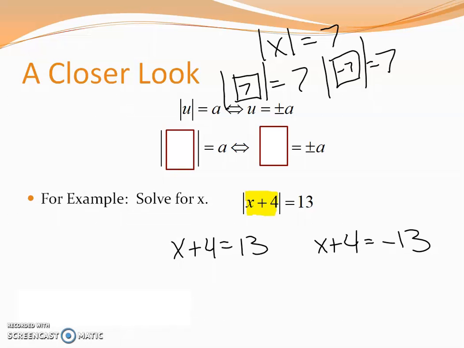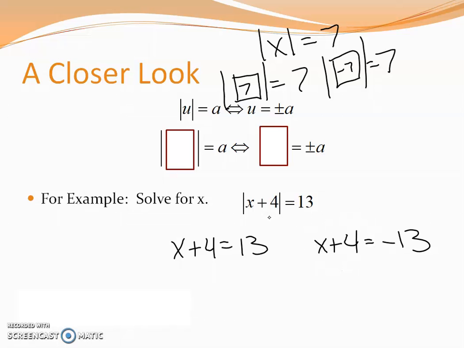Okay, so, important thing we need to cover here. When we are solving equations with an absolute value, remember, our main goal is to get x by itself. Well, the absolute value bars are in the way of that right now. So how do you get rid of absolute value bars? I get rid of them by writing two equations. Now my absolute value bars are gone.